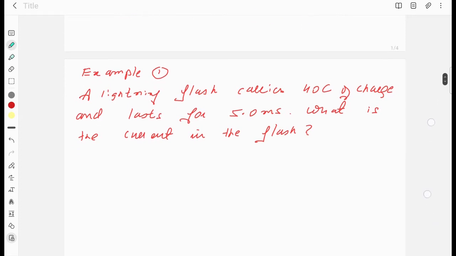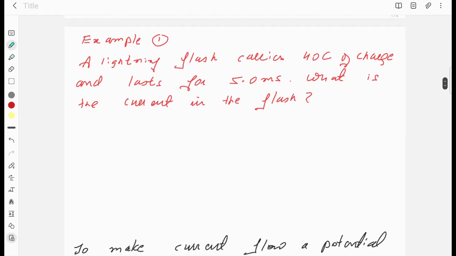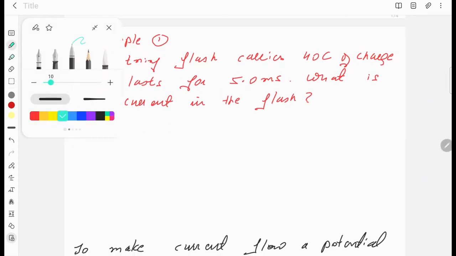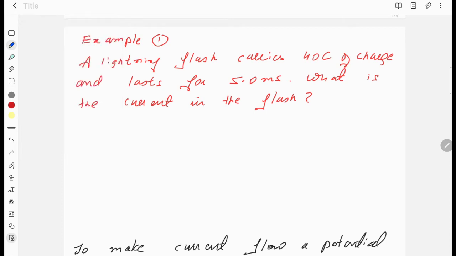Let me illustrate one example, and this example is from a past year paper. A lightning flash carries 40 coulombs of charge and lasts for 5.0 millisecond. What is the current in the flash? This 40 coulomb is your Q and 5 ms is your time.